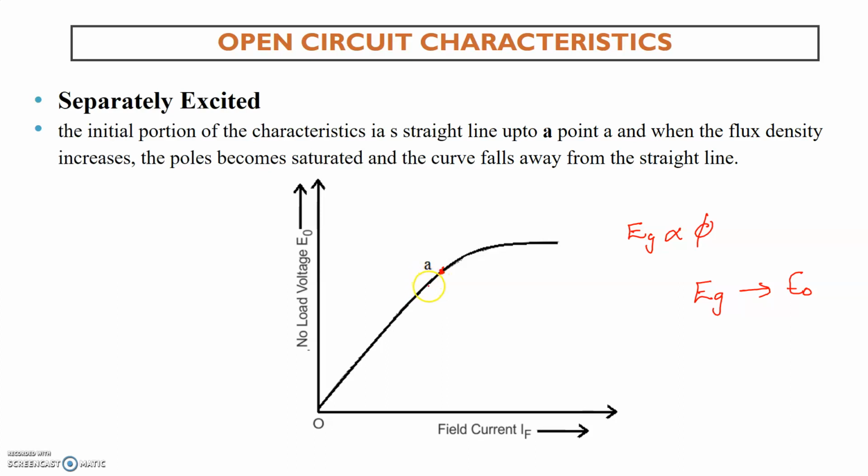So the curve is a straight line up to point A. After that, due to the saturation of the poles, the curve is no longer a straight line. So that is the characteristics of a separately excited DC generator.